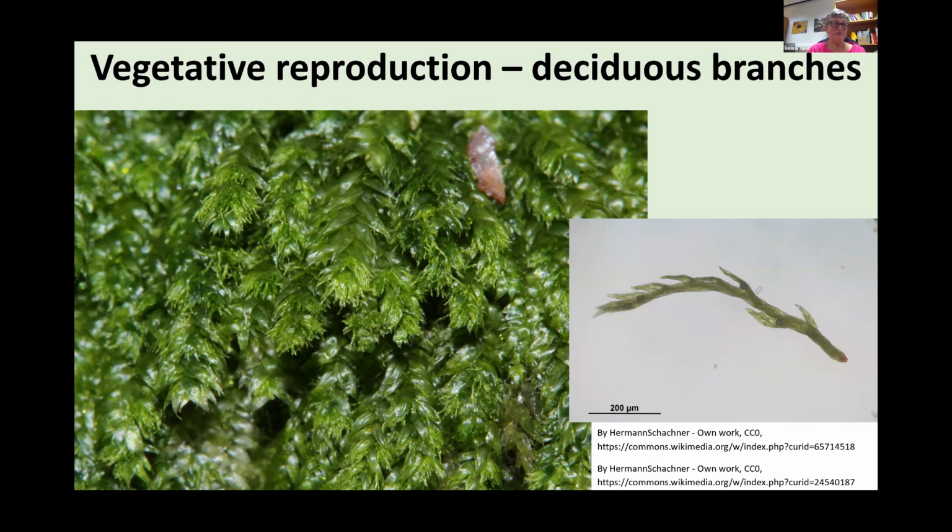You find it in conifer plantations very often, or just generally in slightly dark woodland. Sometimes there are so many of these branchlets that you can't see the leaves, because they're all coming out of the leaf axils and obscuring the leaves underneath. Very striking way of reproducing.